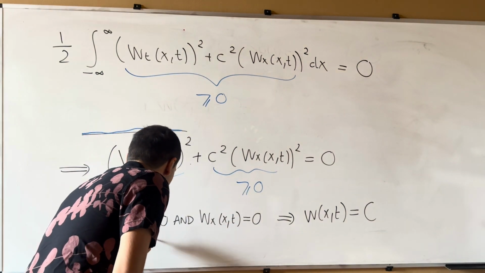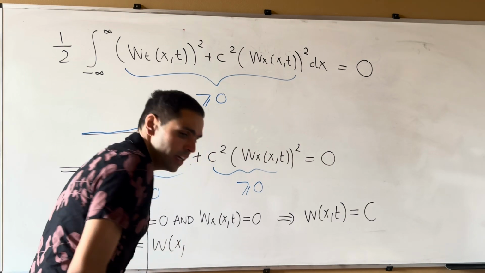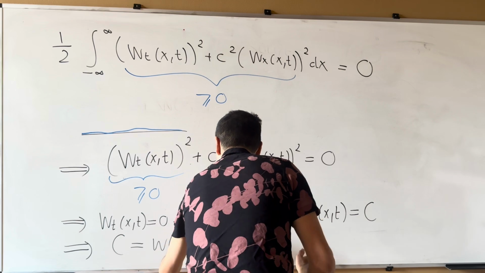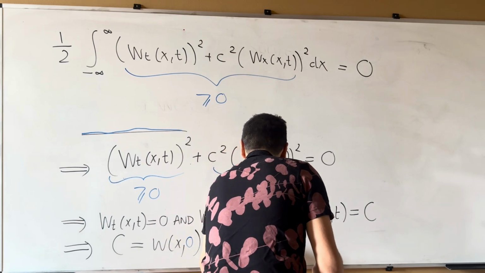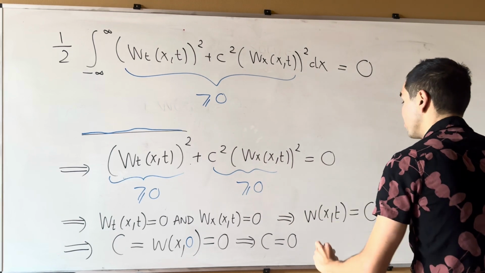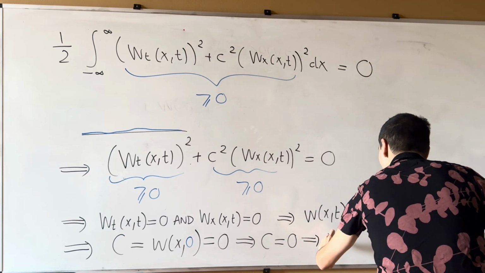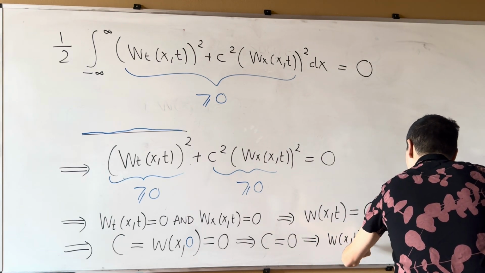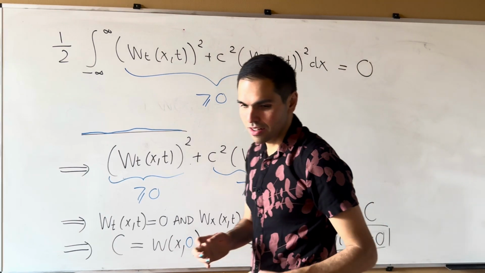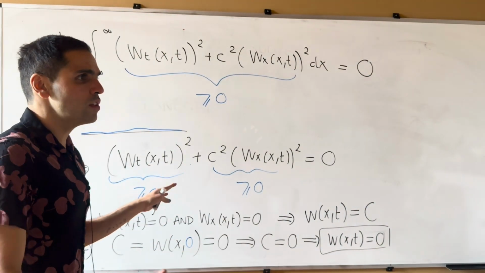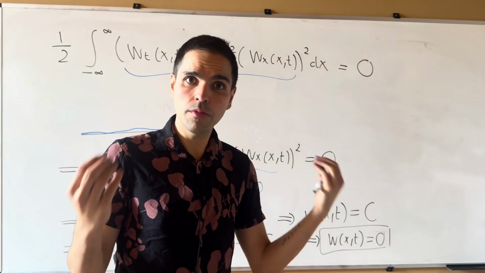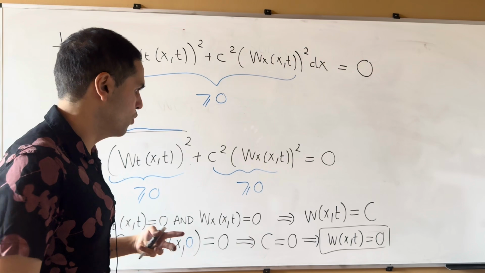So C in this case, you can plug in t equals 0. And remember, the assumption is 0, and so C is 0, which tells you ultimately that our function w is 0. So once again, slightly obvious statement, but with a very delicate proof.